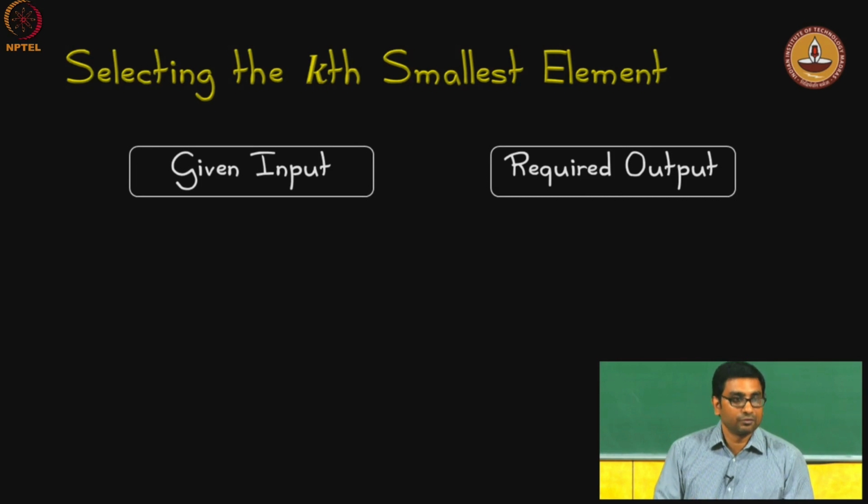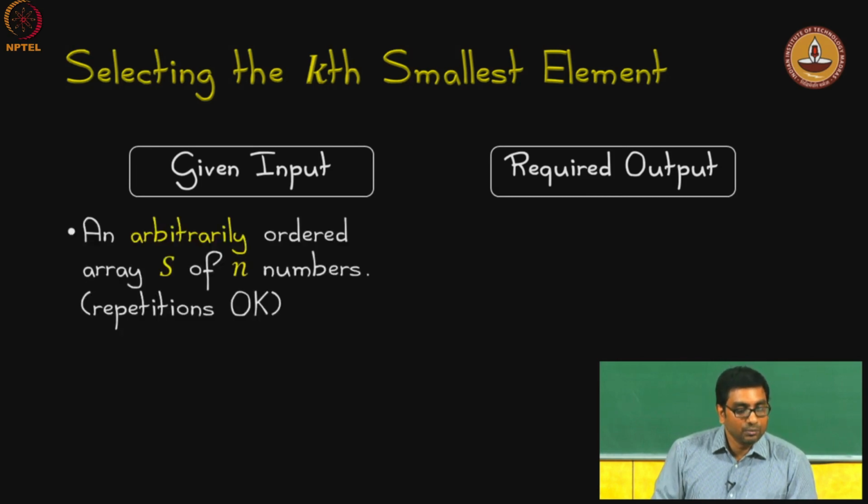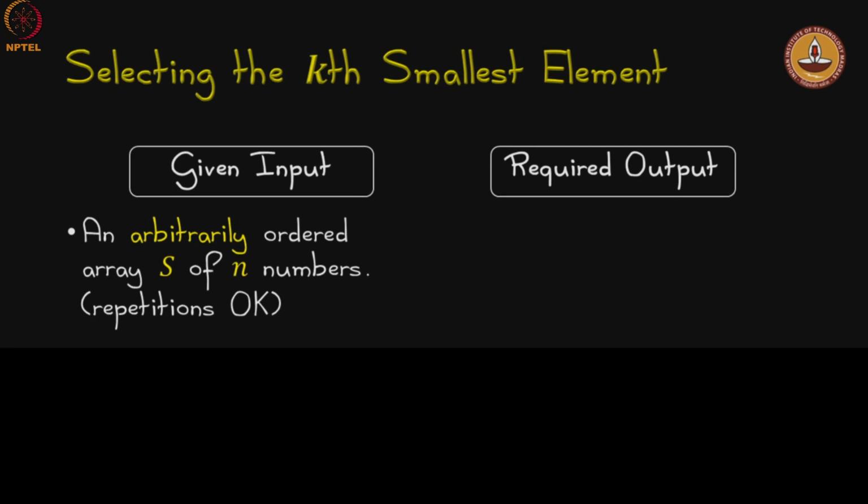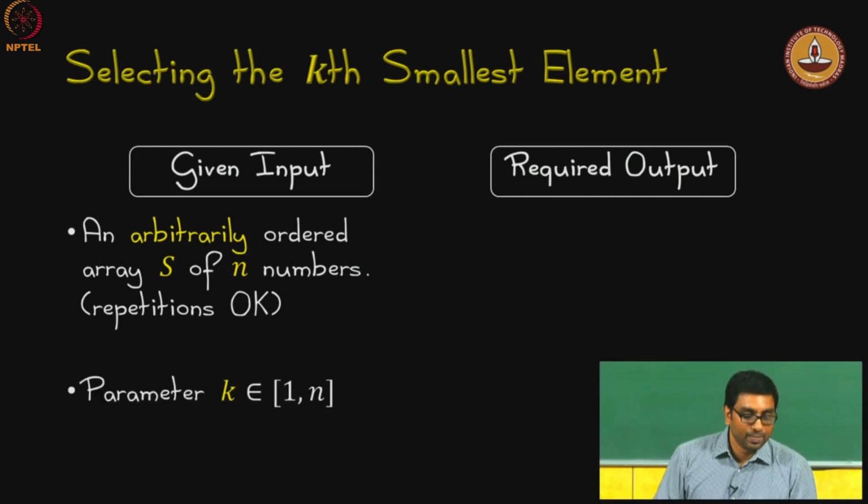So let us just formally define the problem. Your input is an arbitrarily ordered array of n numbers. Repetitions are okay. Of course, if it is sorted, then it will be easy to solve this problem. So it is an arbitrarily ordered array of numbers, and you are given an input parameter k.